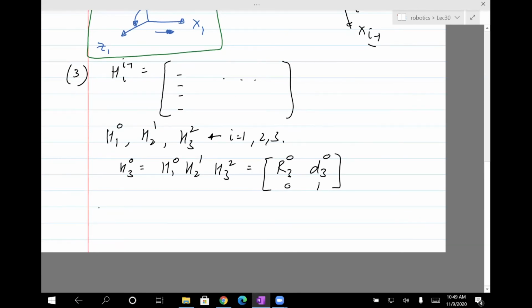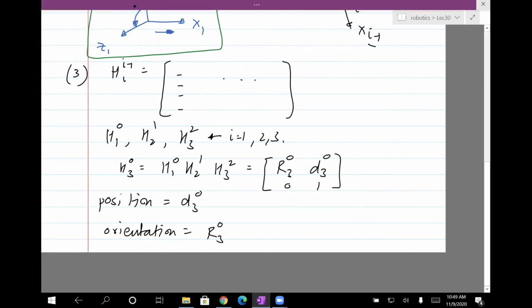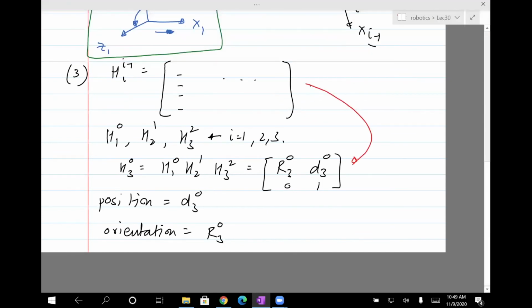And then the position is simply D30, orientation is simply R30. Let me write this down. Do this computation symbolically in MATLAB.